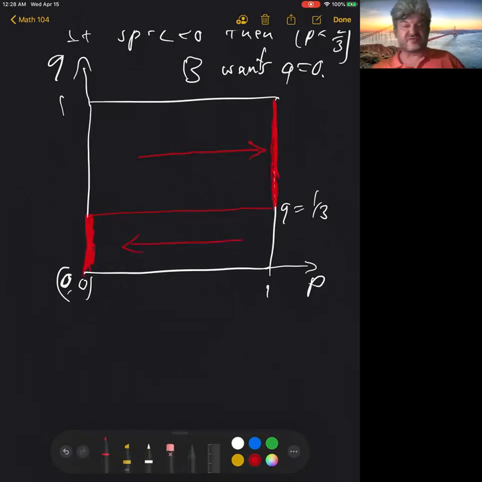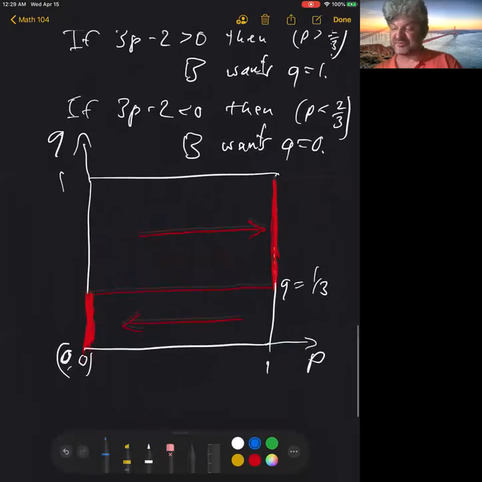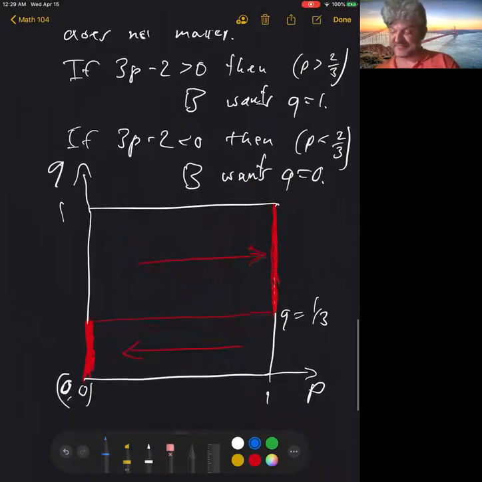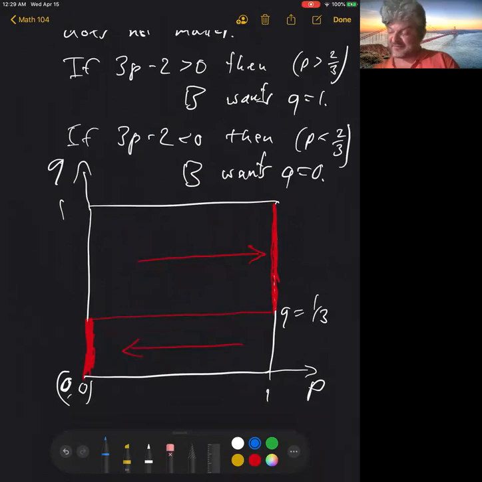And the arrows tell what A wants, depending on B's choice. And then we can do the same thing for B. I mean, we have the rules, we worked them out. So when P is 2/3, B's choice doesn't matter. P is 2/3. That is a vertical line, which is about here.